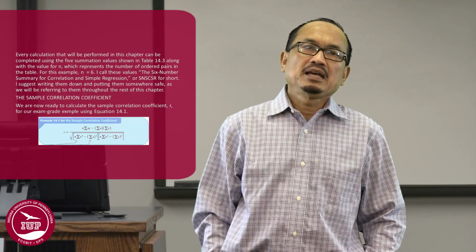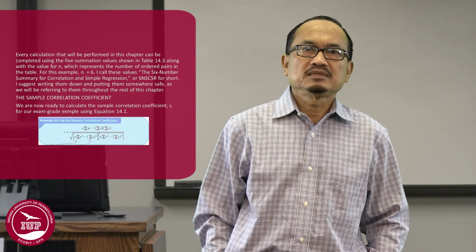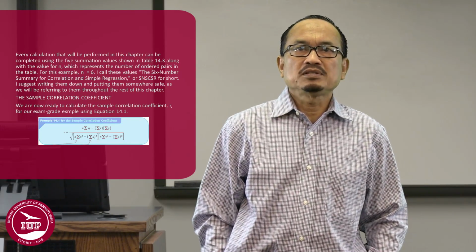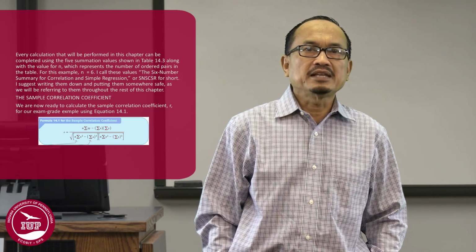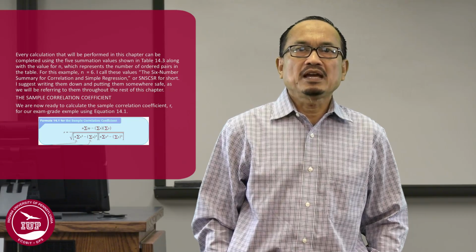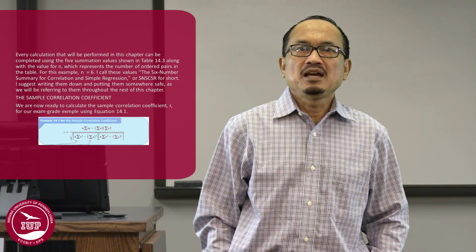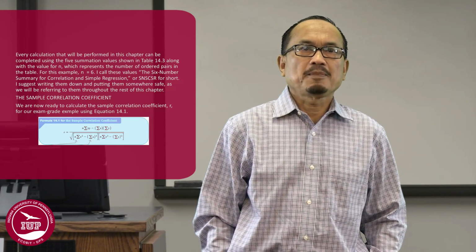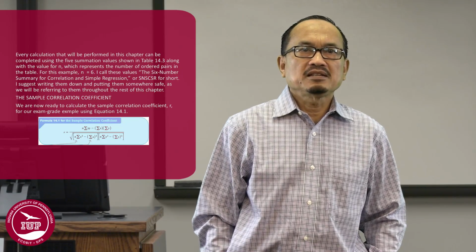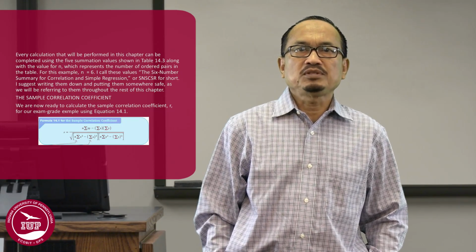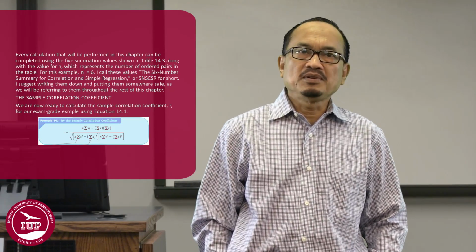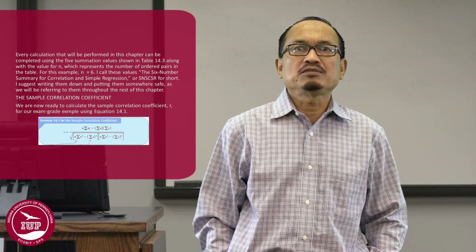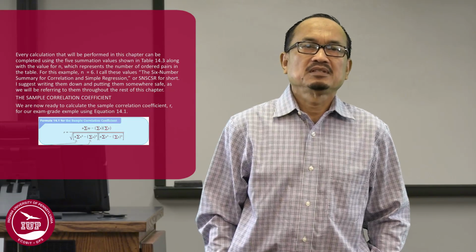For example, n equals 6. I call these values the SNSCSR, the summary of correlation and simple regression numbers, for short. I suggest writing them down and putting them somewhere, as we will be referring to them throughout the rest of this chapter.